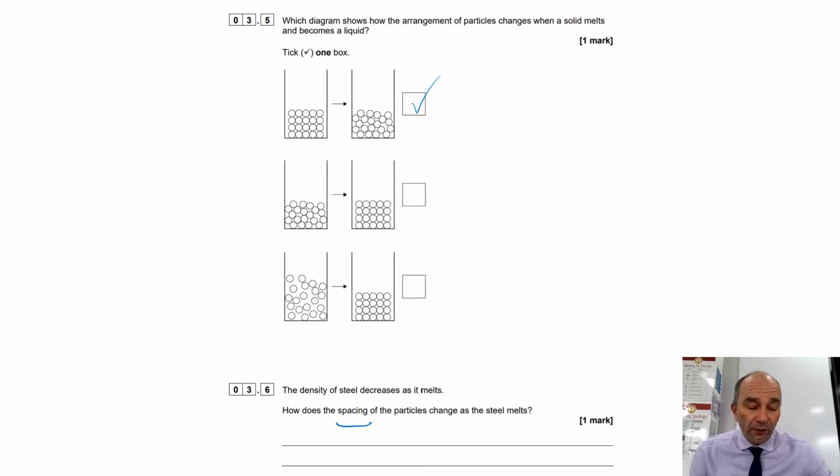So how does the spacing of the particles change? Well, the spacing increases. And that's what you need to be talking about. Or talk about how the particles move further apart. They were the only acceptable answers to get the mark, and you'd be amazed at the number of people who didn't get the mark in that particular question.